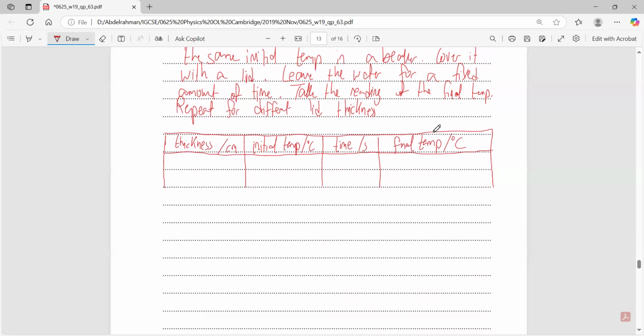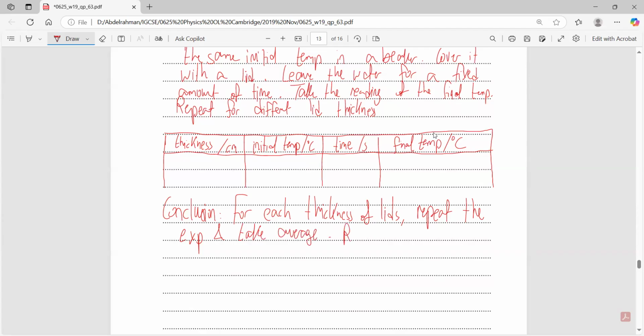And last but not least, we need to write down a simple conclusion. For each thickness of lids, repeat the experiment and take the average. Record the readings in the table.